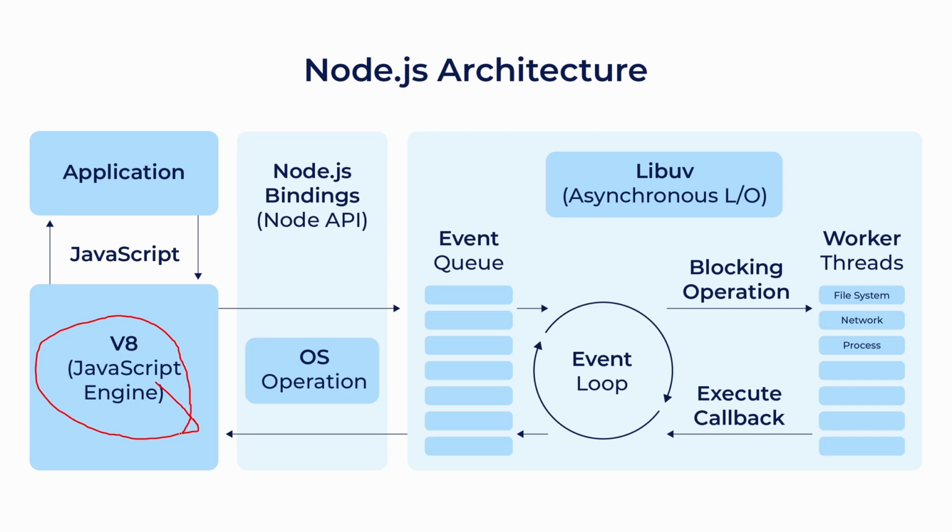So Dahl took the V8 engine and integrated it with libuv and certain C++ distributions, so the JS engine can run locally. Here I am going to explain every step one by one.